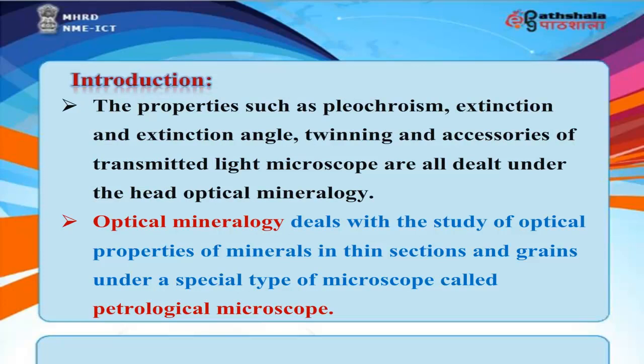The properties such as pleochroism, extinction and extinction angle, twinning, and accessories of the transmitted light microscope are all dealt with under the head optical mineralogy. Optical mineralogy deals with the study of optical properties of minerals in thin sections and grains under a special type of microscope called the petrological microscope.